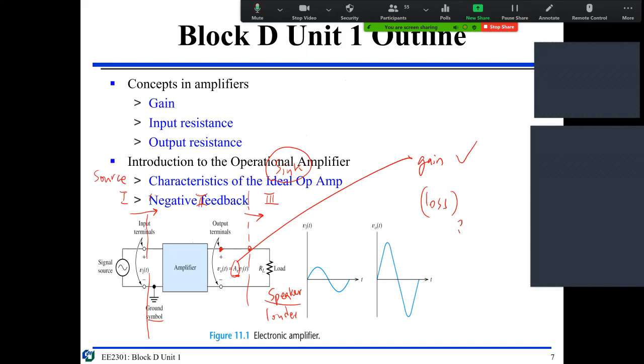So the question is, when gain is greater than 1, we call this amplification. Tell me, if less than 1, what's this called? What's the term we call it? Type in the chat box if you could. 3, 2, 1. Type.